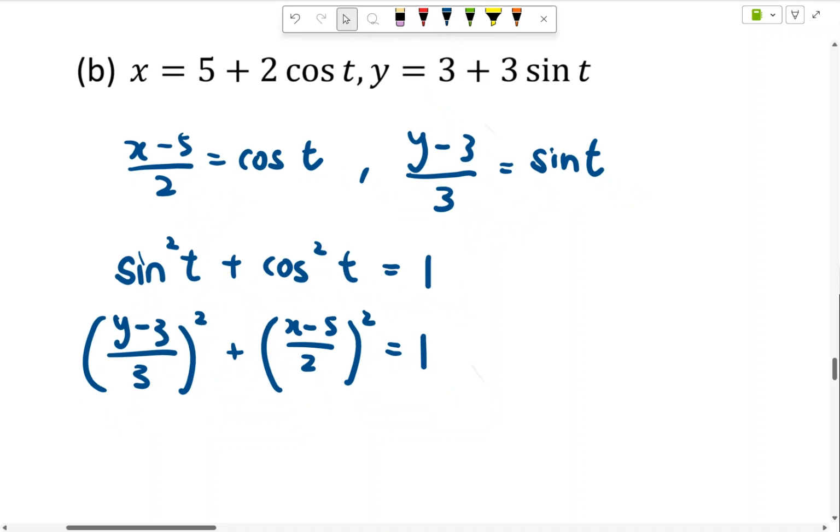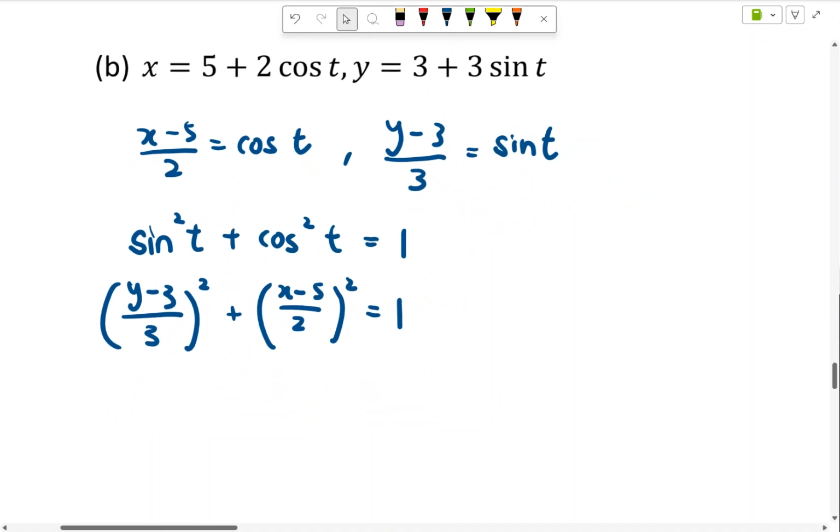Now, in fact, it has already been made nicely for you. This conic, what is this conic? This is an ellipse. If you cannot identify that this is an ellipse, I may not have got the spelling correct, then please refer to the conics video on how to identify the ellipse. They already make one for you. And then what is the center?